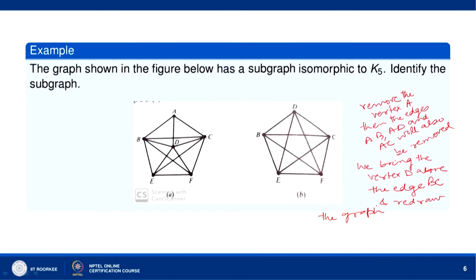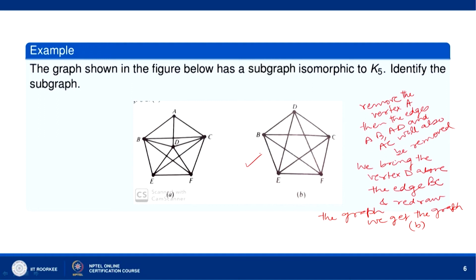We see that when we redraw the graph, we get the graph B, and we know that because here every vertex is connected to every other vertex.